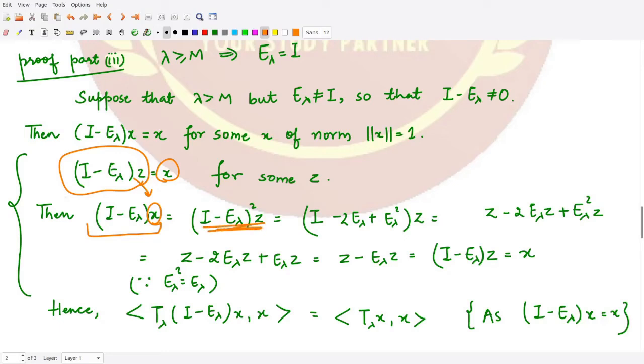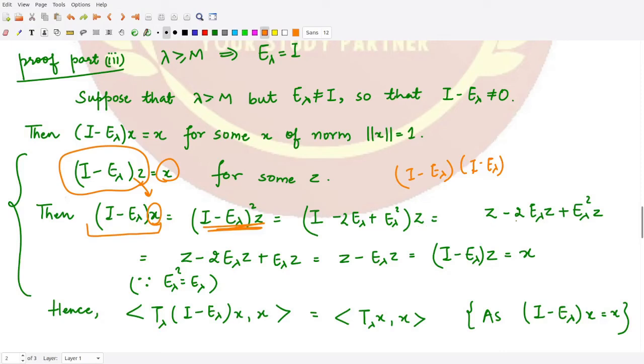Here we can open up this square. So you have I minus E lambda multiplied with I minus E lambda. You could just multiply the terms and obtain I minus 2 E lambda plus E lambda squared, in terms of operators. Then you can multiply z inside.